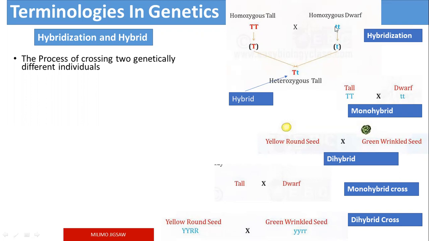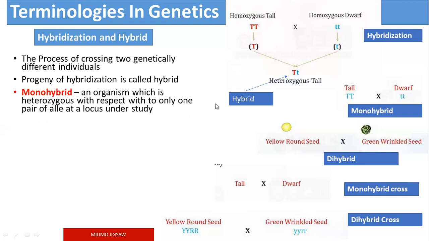Crossing these, we get, for example, the heterozygous tall. This is hybridization, simply the crossing of two genetically different individuals. The progeny of that hybridization is known as the hybrid.